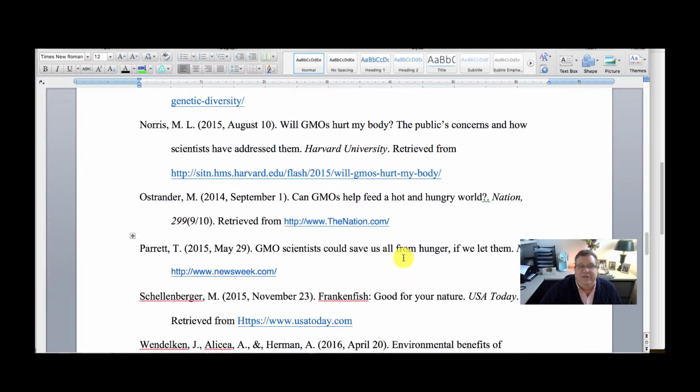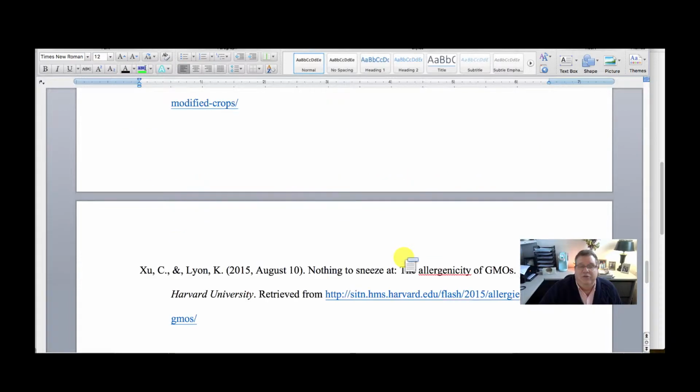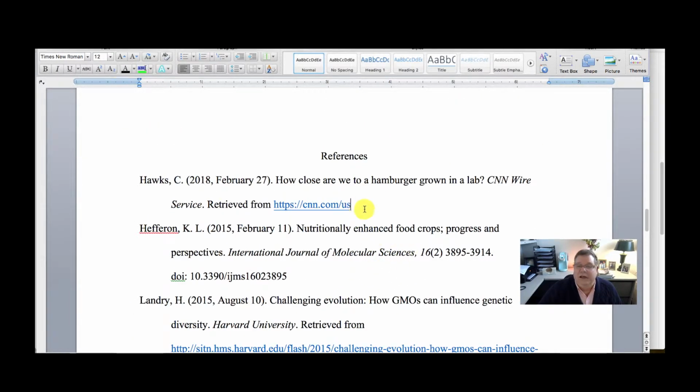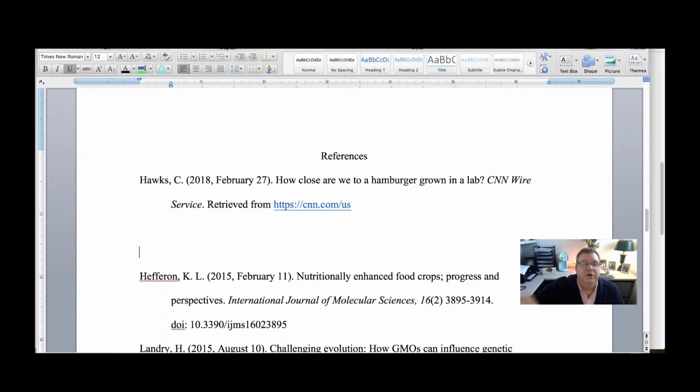Lastly, here we just have a references page, but I do want you, after each article, to write a paragraph on how that article helped you with your argument, what points it helped you with.